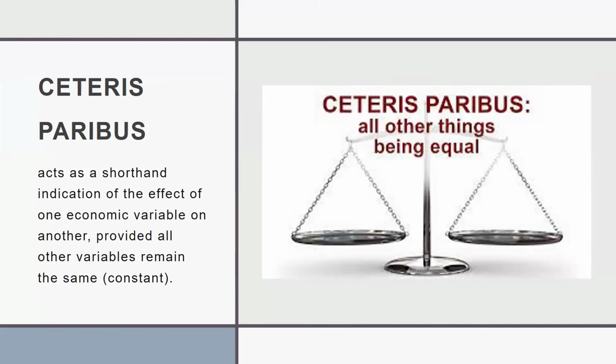You ever heard this term before? Ceteris paribus? This is an assumption that we make in economics. It means all things remaining equal. So all the things we're talking about here is once everything else remains equal, this is what would happen.